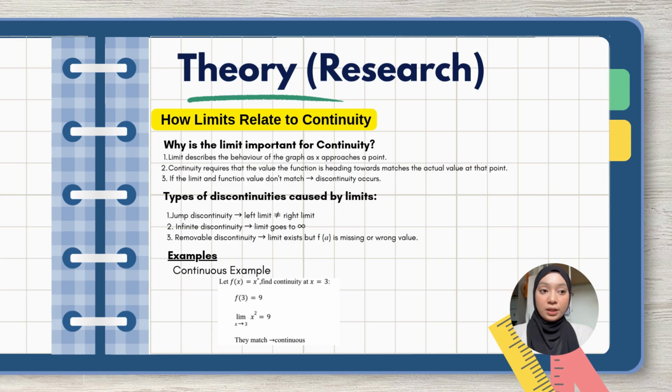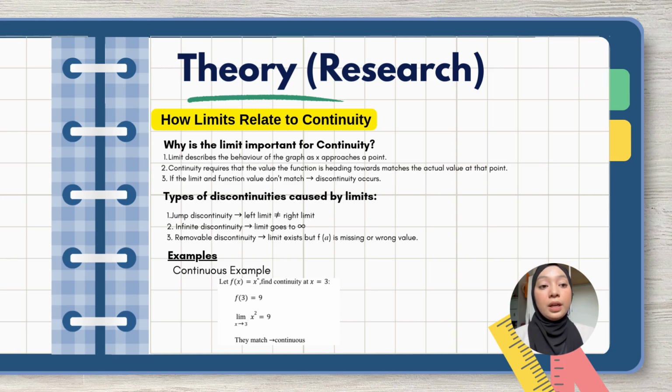Types of discontinuity caused by limit: number one is jump discontinuity, where the left limit and right limit differ. Number two, infinite discontinuity, where the limit goes to infinity. Number three, removable discontinuity, where the limit exists but f(a) is missing or a wrong value.